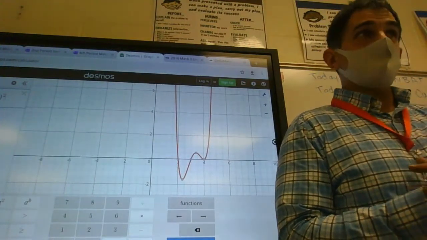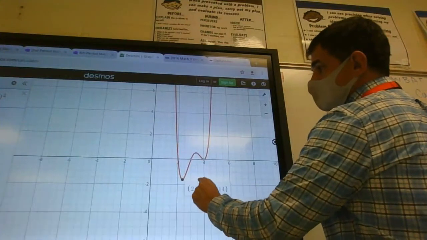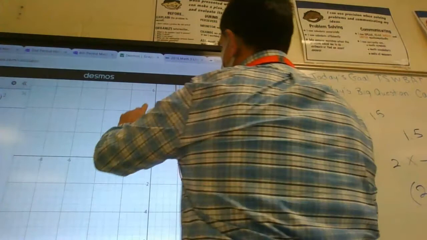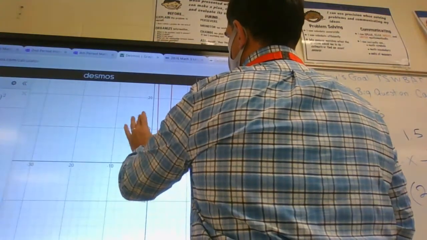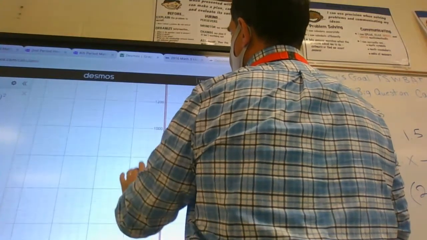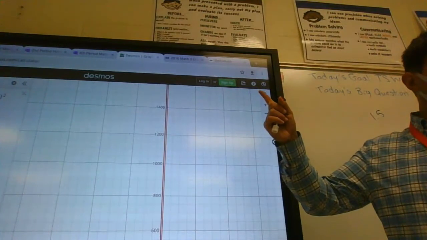Practical range. So low to high. My graph, for instance, goes as low as negative 1.614. So my range goes from negative 1.614 up to, I'd have to look at my graph and see how high it goes. Oh, look what my graph does. Whoa. It goes on forever.